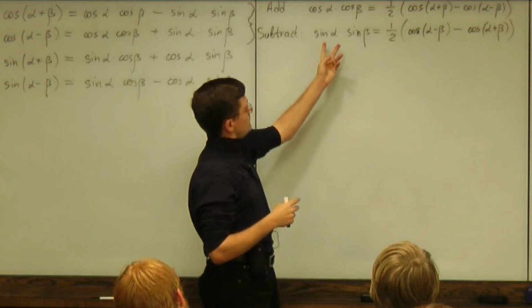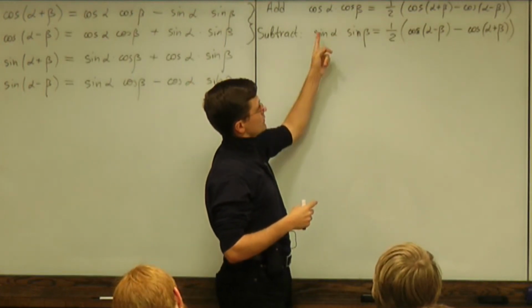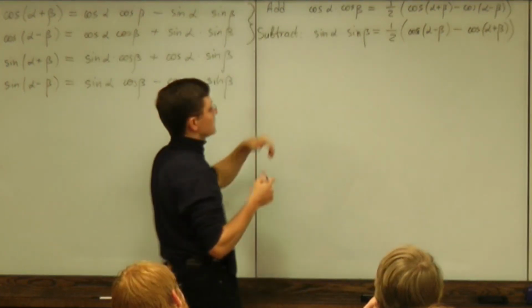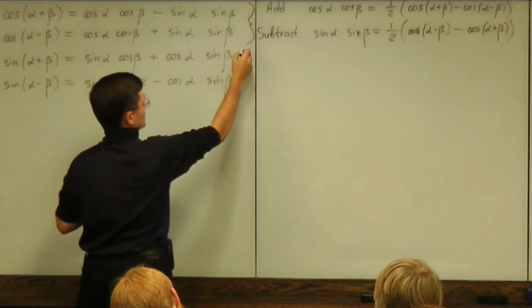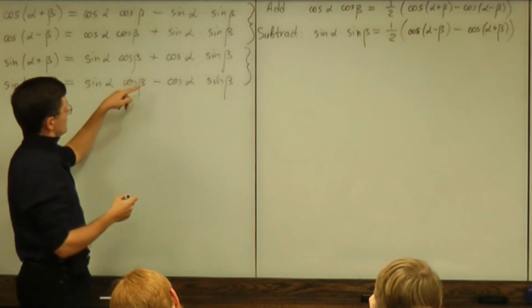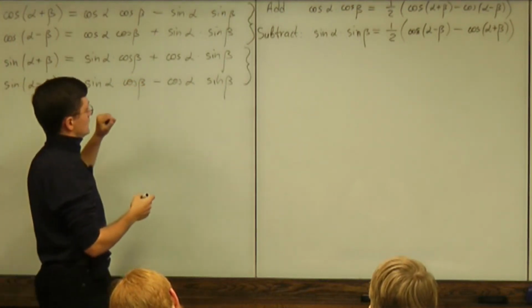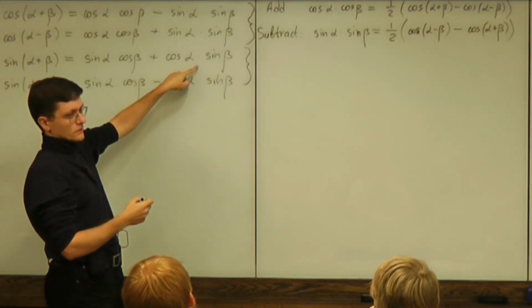And the only thing remaining is the product of cosine and sine. And that part I get from the second pair. I look at the second pair of identities and I just add them up so that the second term cancels.